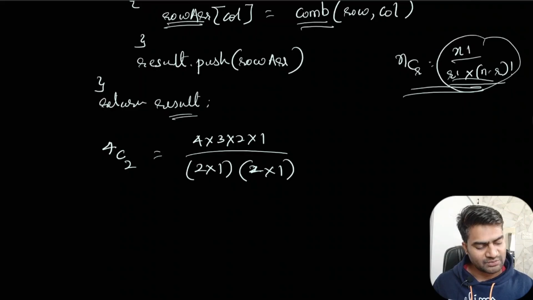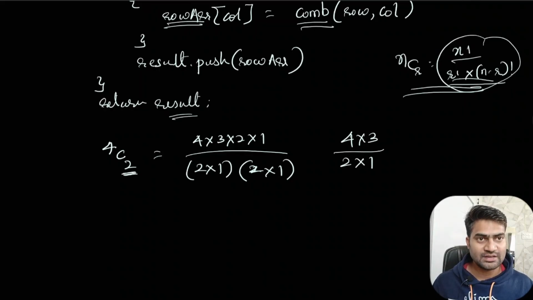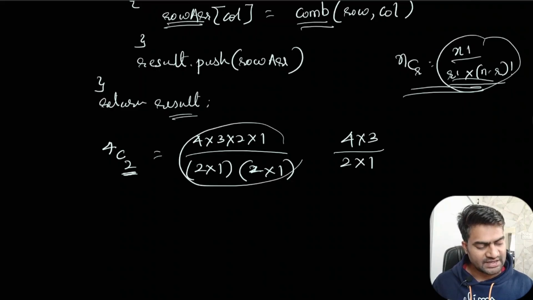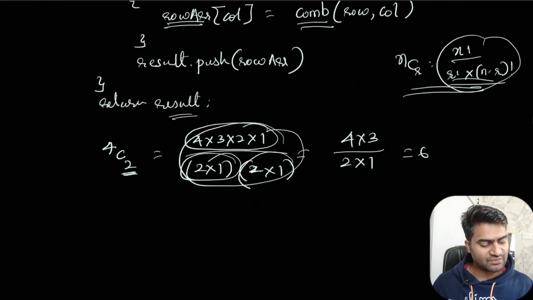Another simple way would be 4 into 3, basically two values only, divided by 2 into 1, which is the same as this entire equation. This will also give us the same thing, which is 6. It is the same, right? Now if you see, unnecessarily we are calculating the factorial of this number, again factorial of this number, again factorial of this number. So we can avoid that.